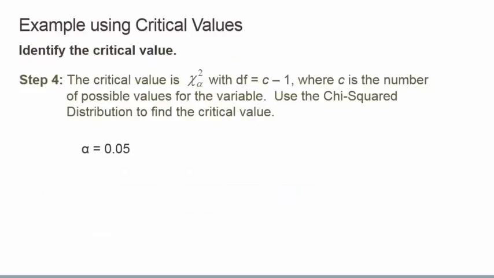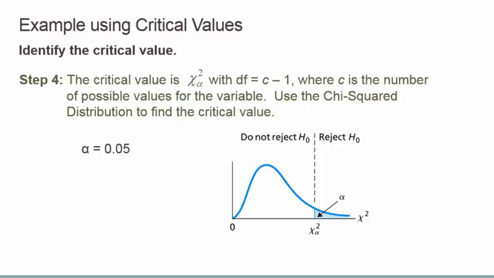Identify the critical value. Step 4. The critical value is chi-squared sub alpha with degrees of freedom C minus 1, where C is the number of possible values for the variable. Use the chi-square distribution to find the critical value. Alpha is 0.05. Our critical value is going to be the value with an area of 0.05 to its right.